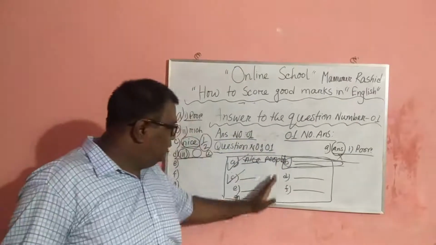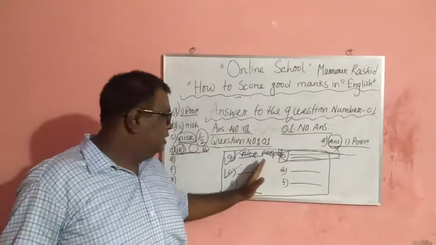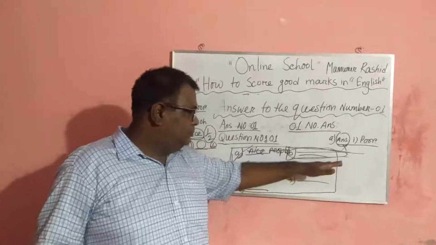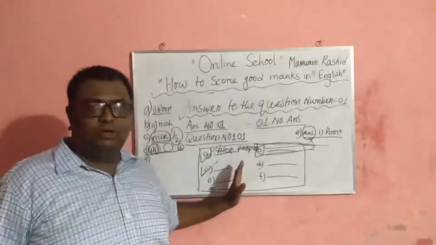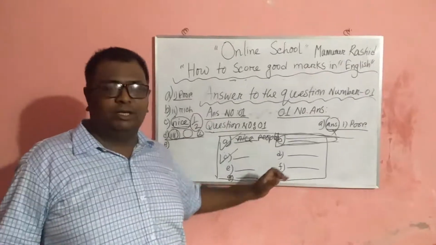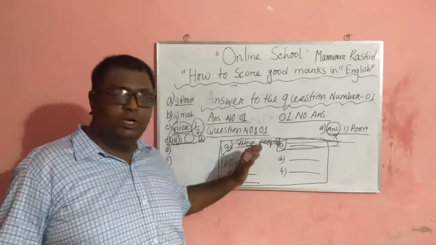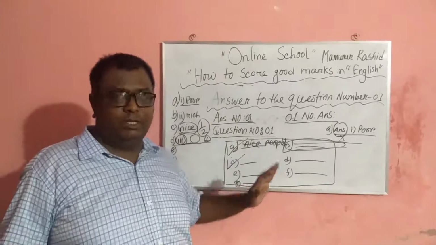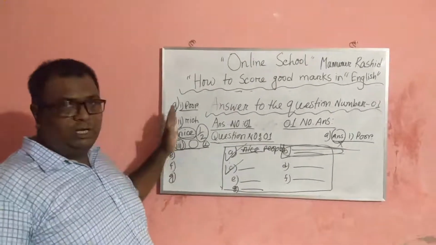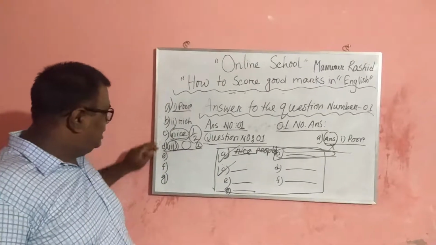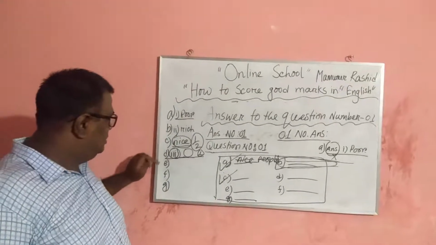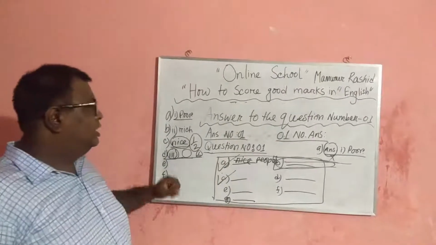But if you write your answer like this, your space will be shortened or limited, so you cannot write your correct answer when you make any mistake. So, my dear student, I again strongly request you, please write your answer like this: A, B, C, D, E, F, G sequentially. Okay.